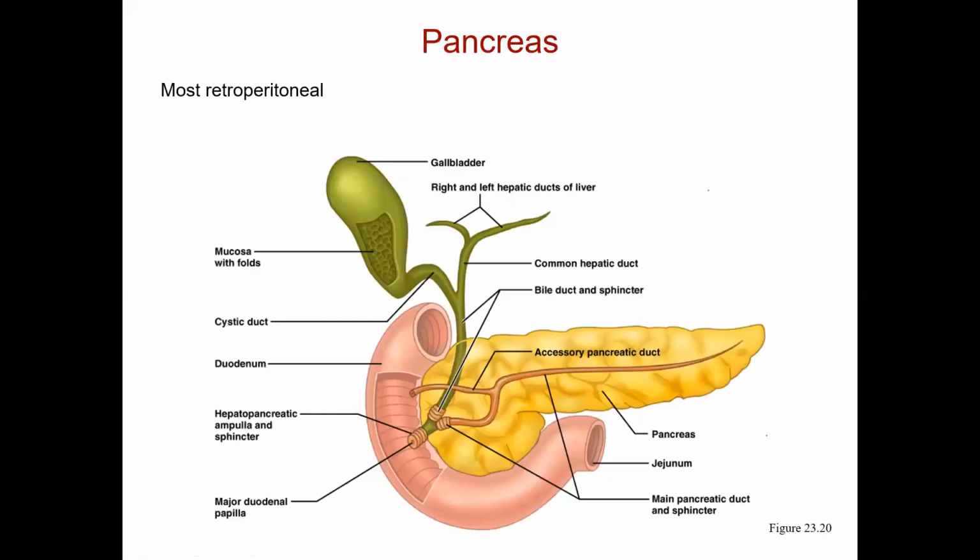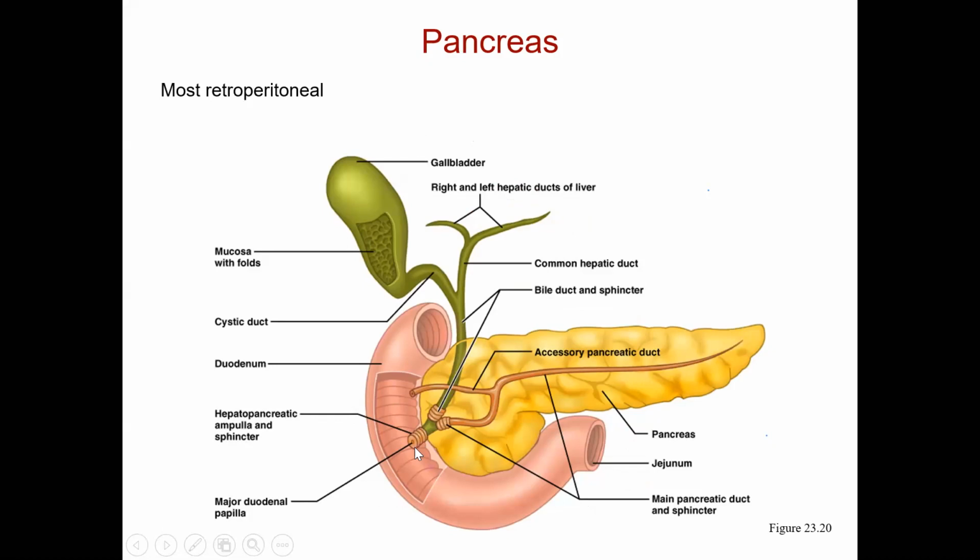Okay. All right. Next accessory organ is the pancreas. I went over the structures last time in terms of how the pancreatic juice is released to the small intestine. First, this releasing point to the small intestine is the duodenum.